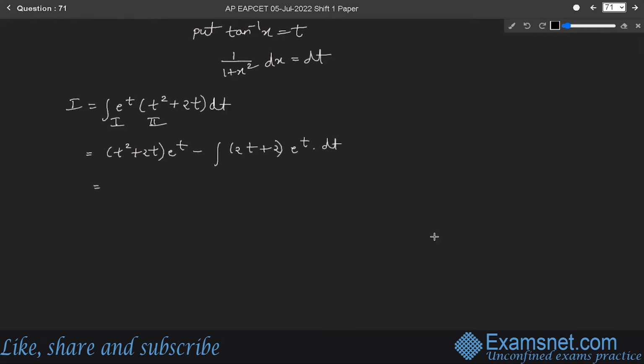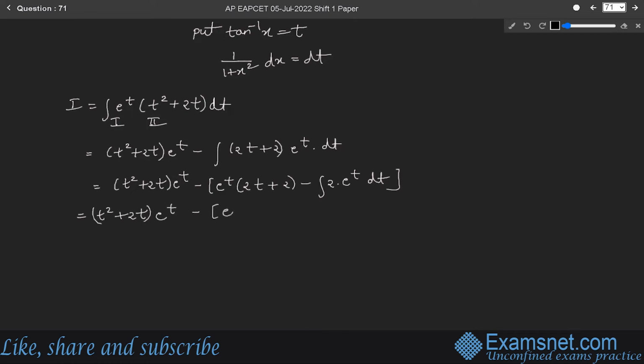On further solving it, this will be t square plus 2t into e to the power t minus of e to the power t into 2t plus 2 minus integral of 2 into e to the power t dt, which is equal to t square plus 2t into e to the power t minus e to the power t into 2t plus 2 minus 2 into e to the power t plus c.